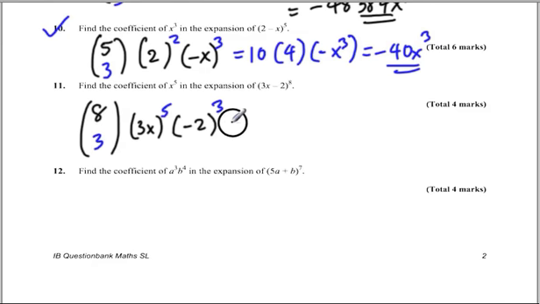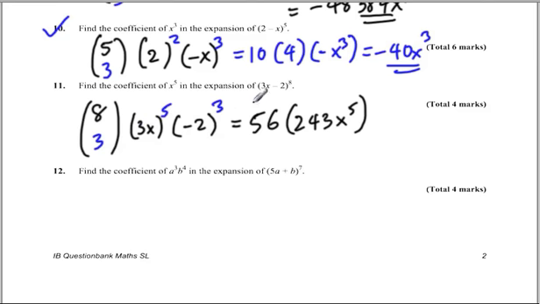So all we have to do now is basically do 8 choose 3. So that's equal to 56. 3 to the power of 5 is 243. So that's basically 243 times x to the power of 5.